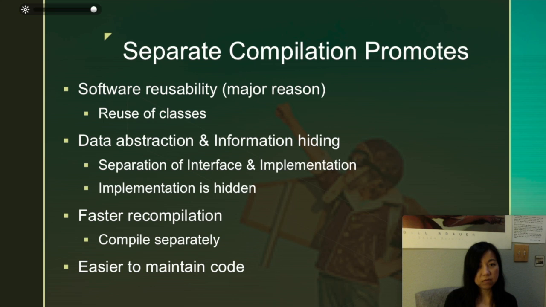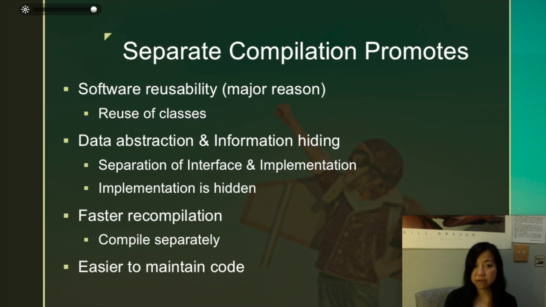We also promote data abstraction and information hiding. Because the interface and the implementation are separated, the implementation can be hidden from the user. So if you change anything in the implementation, you don't have to change the interface at all.